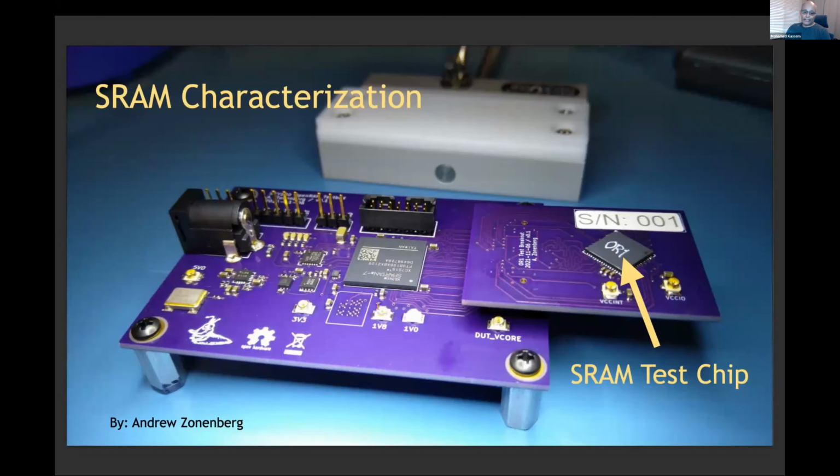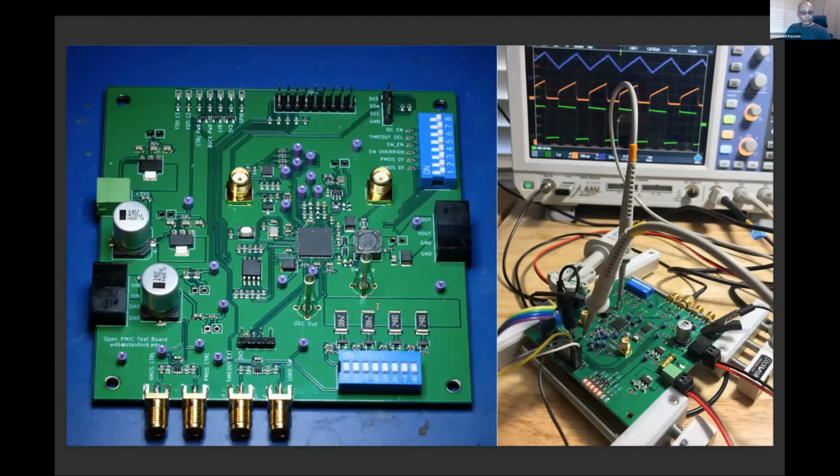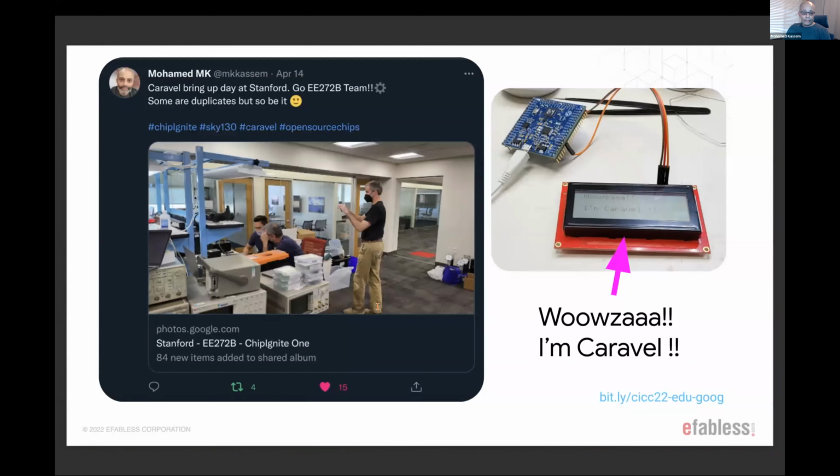Of course, the community at work does interesting things. This is an example of a community member who provided a complete test setup for an SRAM chip with temperature control. Another one, one of the students, built a complete DC-DC converter, a switching regulator, buck.